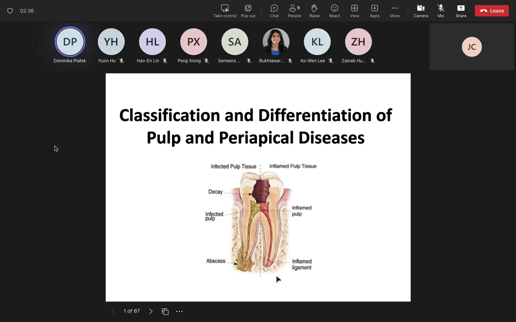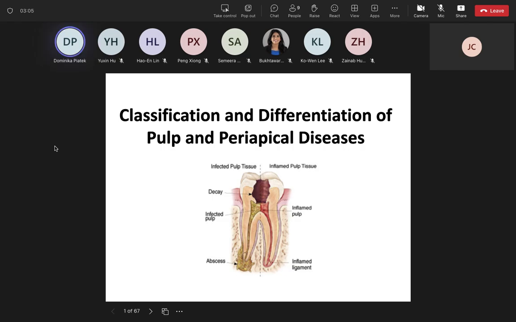The apical foramen is initially very large, but during maturation it gets smaller, and during the whole patient's life it gets smaller and thinner, so it can be very thin, but there is still good communication between these two areas.